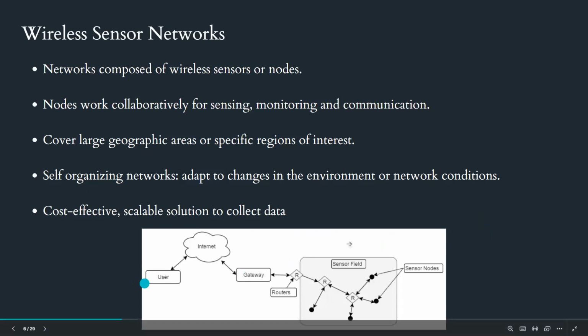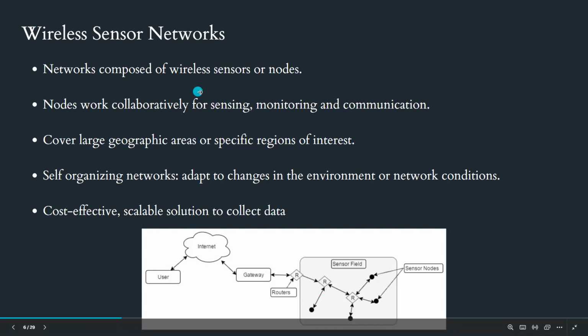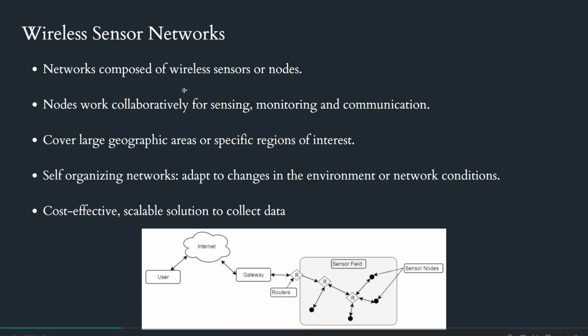So if we have a collection of data collecting points that correspond to sensor locations, such kind of networks that are composed of sensor nodes are known as wireless sensor networks. What I mean by sensor nodes is that the sensor node contains both the embedded system and the sensors. So sensor plus embedded system correspond to the node.